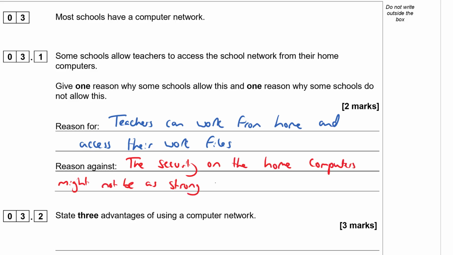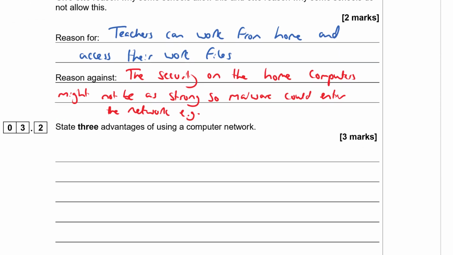So something like malware could enter the network. Okay, other reasons might be data protection. So the personal details of, say, students and other staff are really important. You'd want control over it as someone in charge of a school. So that could be a reason as well against having this access.